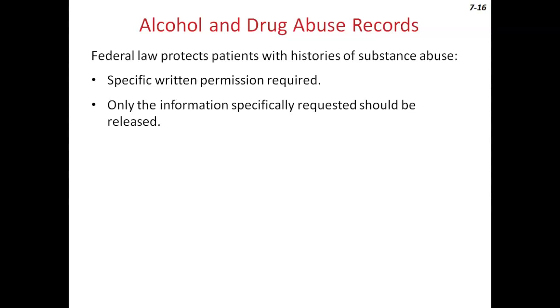Under no circumstance should the information of this type be released without specific written permission from the patient to do so. And only the information specifically requested should be released. The patient also has the right to rescind or cancel any consent to release information.